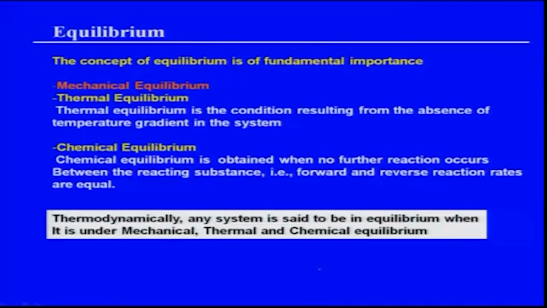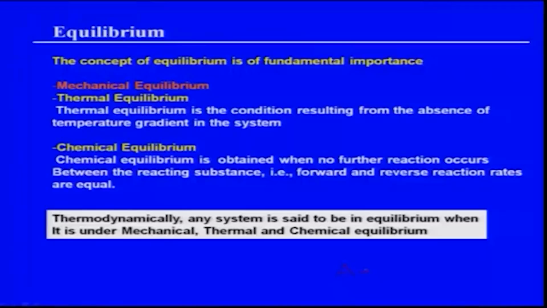Third important aspect is chemical equilibrium. Chemical equilibrium is obtained when no further reaction occurs between the reacting substances, that means the forward and backward reaction rates are equal. Remember, you cannot stop reactions, and visually you cannot say whether a reaction is over unless you know the rates of the forward and backward reactions are the same. It is very simple.